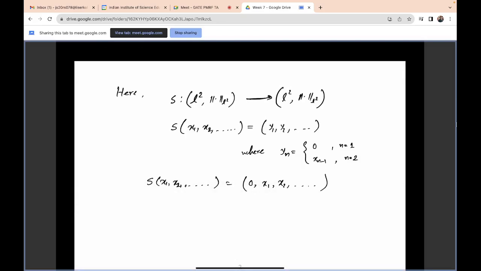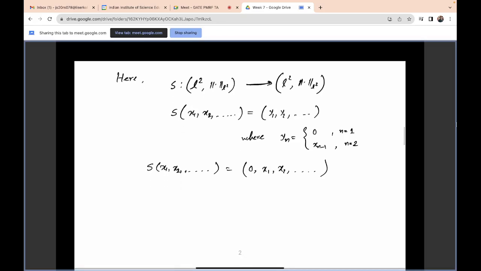So it basically shifts one place to the right. So that's why S is called the right shift operator. So you have to check whether this right shift operator is compact or not.